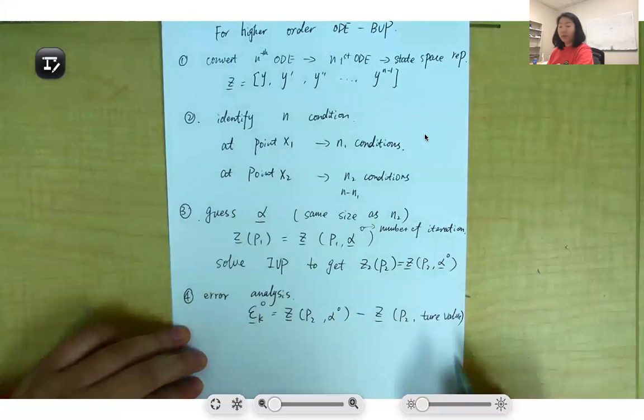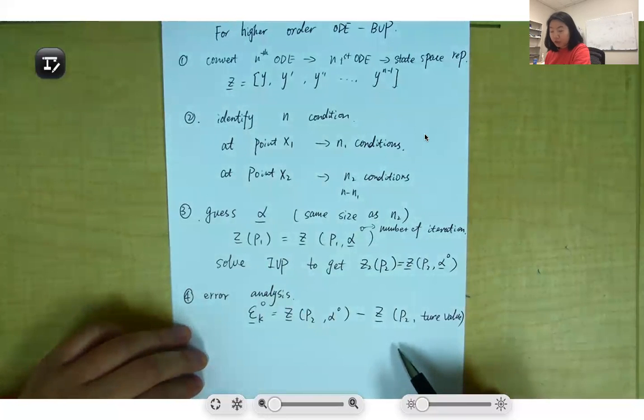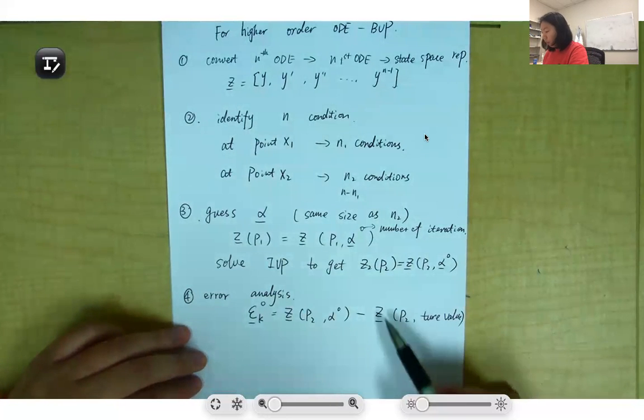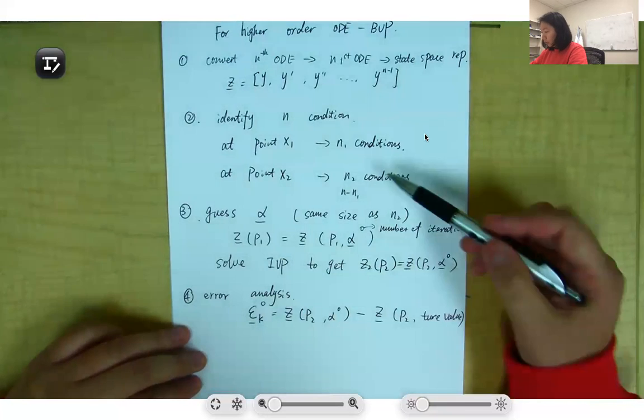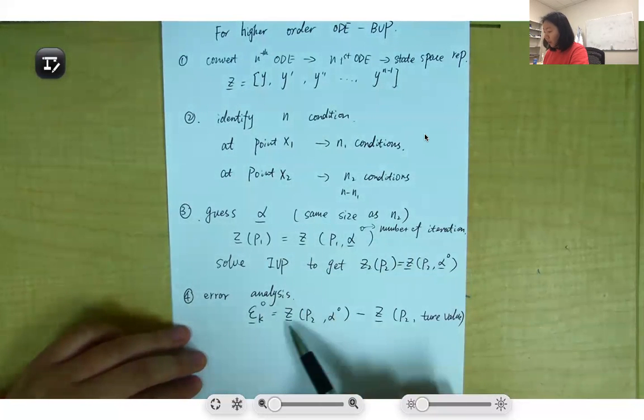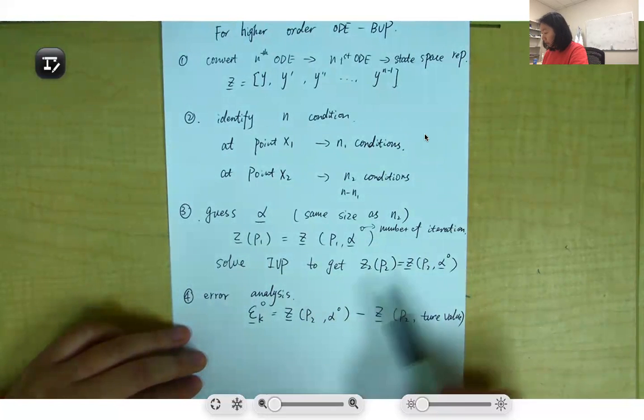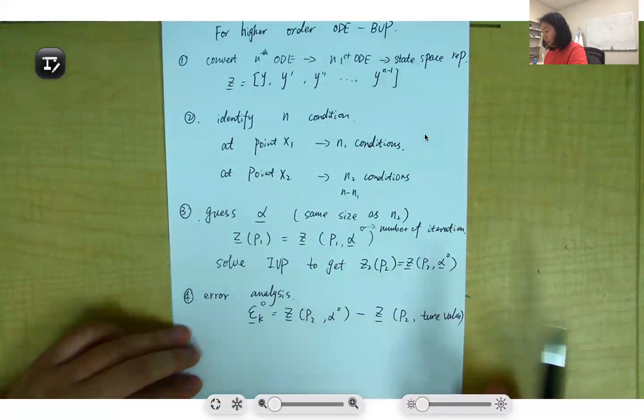These true values are based on our boundary value conditions. We have some points at p2 with these n2 conditions, and we compare them to whatever we solved for at p2 based on these initial conditions.